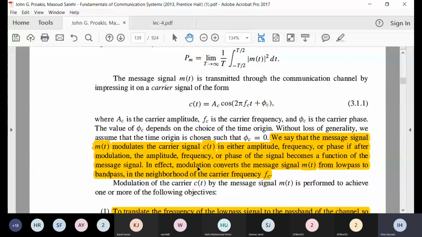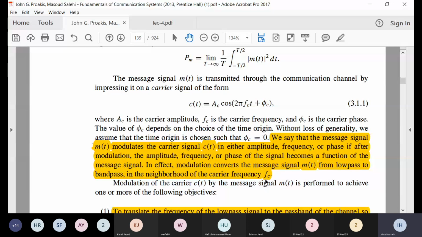We can say that in modulation the message signal goes from low pass to band pass in the neighborhood of the carrier f_c. We will be seeing this in a while, how with the help of modulation the signal, which was a low pass signal around 0 frequency, having negative and positive parts, is just transferred to f_c, the carrier frequency.